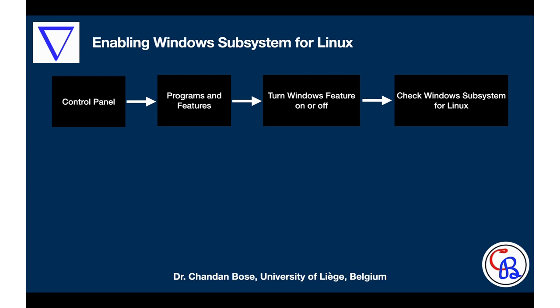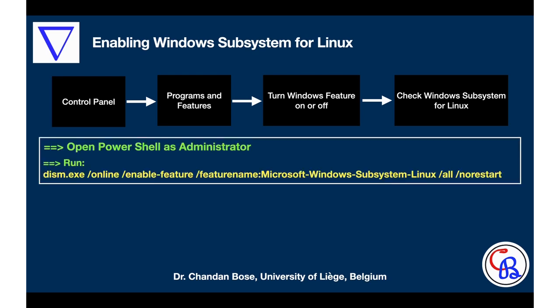Within many options, you will find a tick box for Windows subsystem for Linux. If you tick that option, it will be activated. The other option is to do it through the terminal. For that, you have to open PowerShell as administrator and then run this particular command to activate Windows subsystem for Linux. I will show you both options.